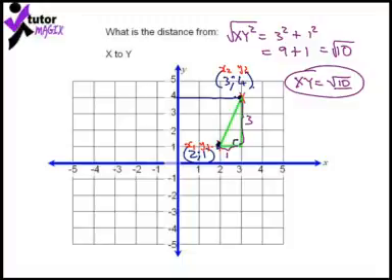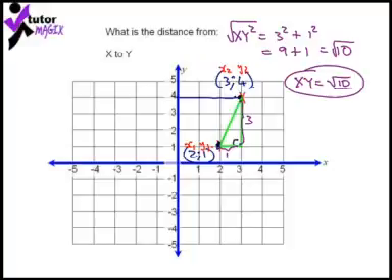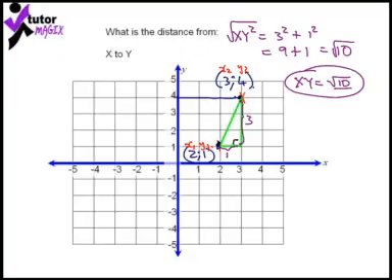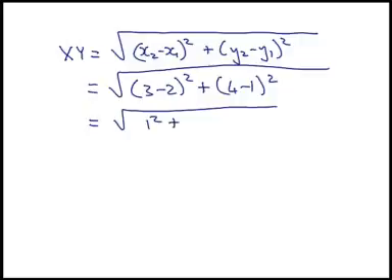Substitute them into the formula to get x2 minus x1. So let's just do all of this first. x2 minus x1 would be (3 minus 2) in brackets squared plus y2 minus y1 will be (4 minus 1) also squared. That will give us the square root of (3 minus 2 is 1) squared plus (4 minus 1 is 3) squared.